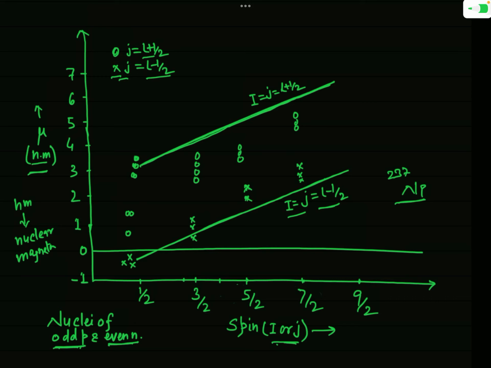So these are the reasons why the experimental value of mu and the value predicted by this independent particle model or single particle model are slightly deviated.